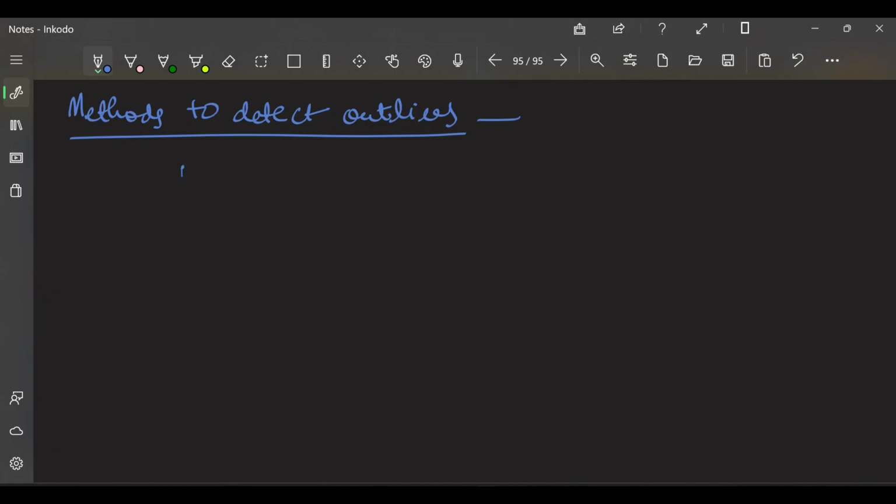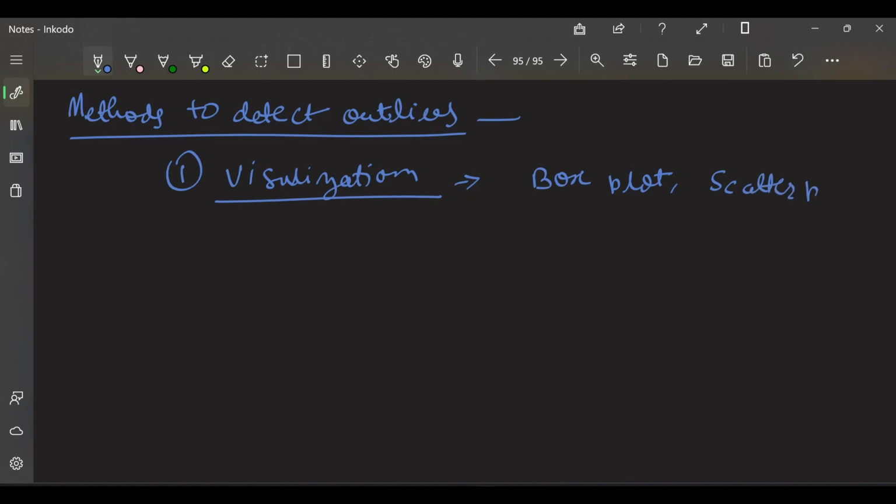The first one is visualization. In visualization we can use a box plot, scatter plot, etc. And the second one is the Z-score method.